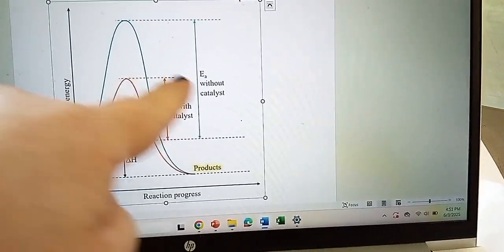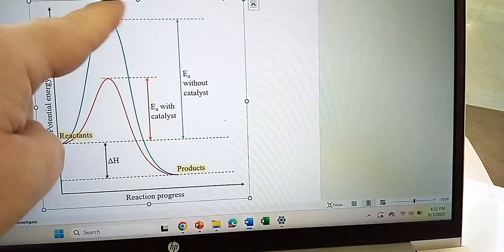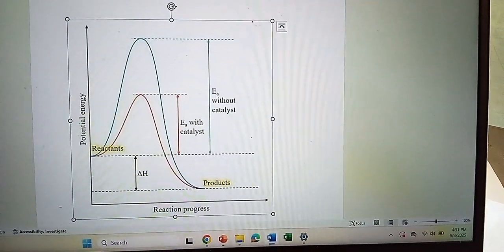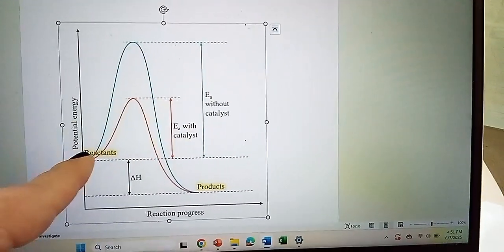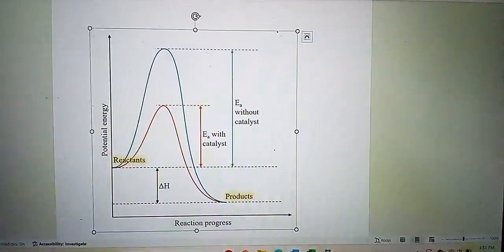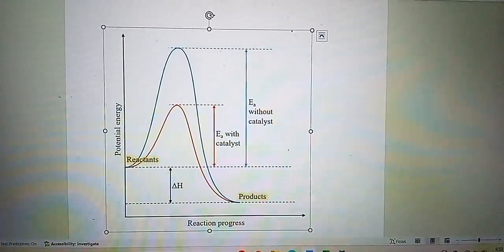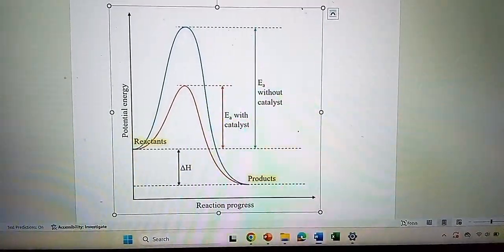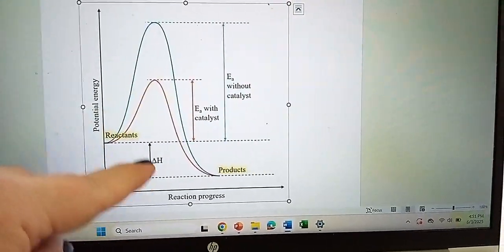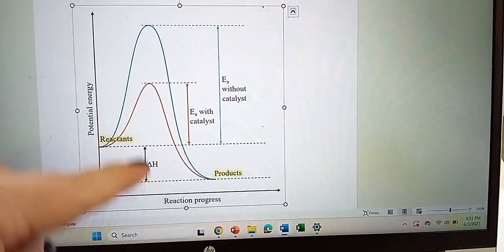So you can see that here the blue lines represent the activation energy needed with a catalyst, and the red lines represent the energy that you need to add without a catalyst. So you are adding less energy for a reaction to happen, and that way you get the products. And this here represents the enthalpy change of the reaction.